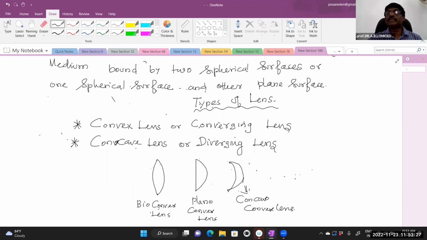Similarly, this is a concave lens. Biconcave lens, this one.